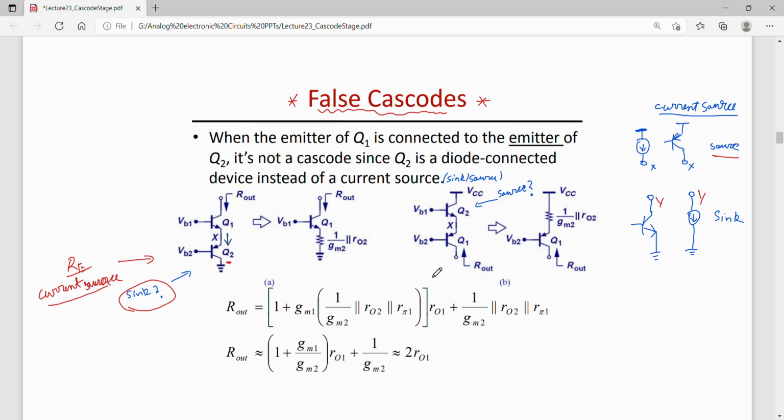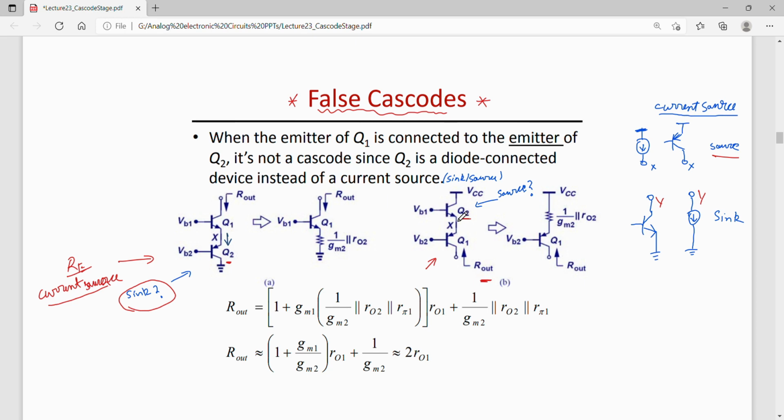Similarly, this circuit. So this also looks like a cascode, but it is not a cascode. Here the output is taken at this point. So Q2 should act as RE, or a current source.